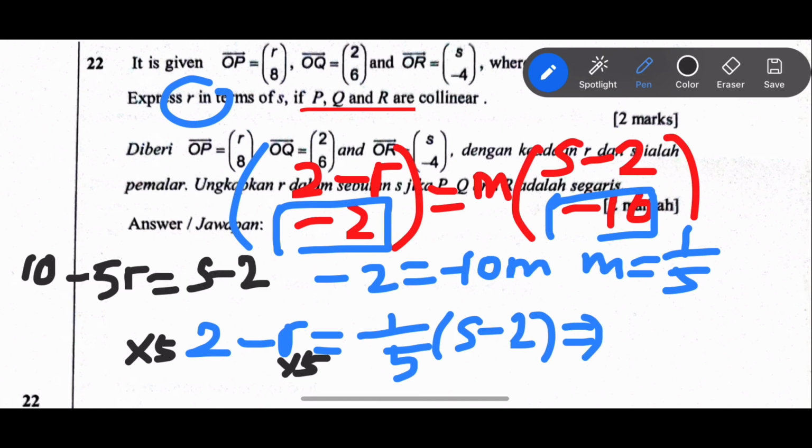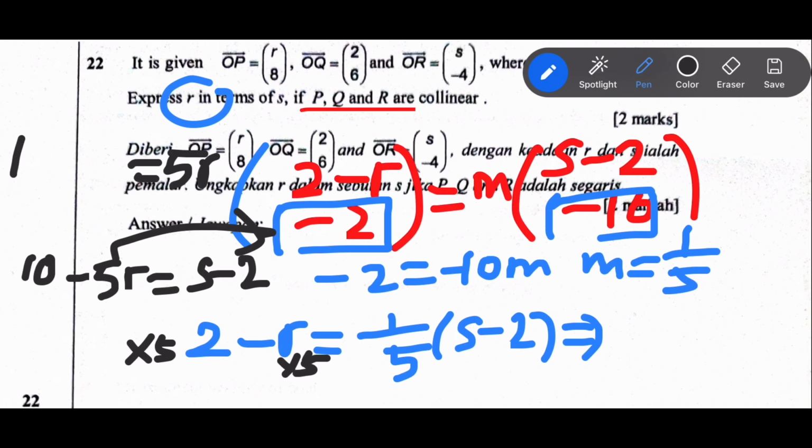Then you just do a comparison. Negative 2 equal to negative 10m, one equation. Another equation you get from the x side and then the y side. Then you find m is 1 over 5. Then you substitute into the upper part, which is 10 minus r equal to s minus 2, so then you can solve for r.